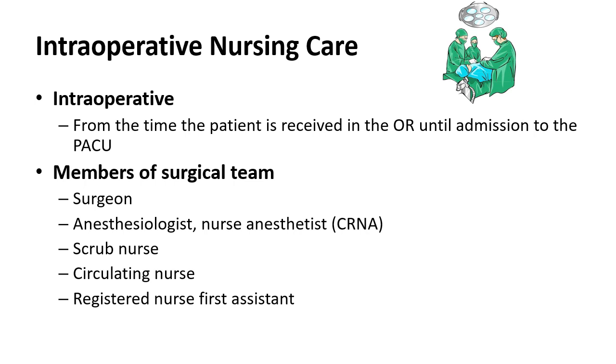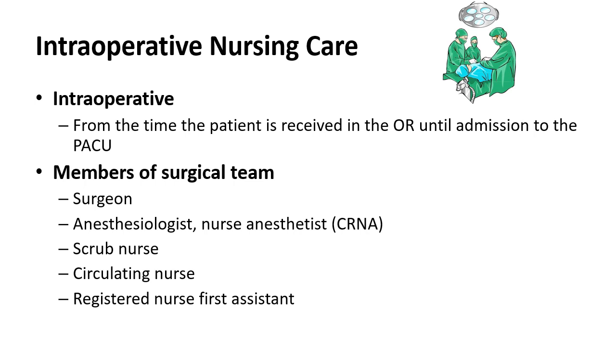So the members of the surgical team: there is always, of course, a surgeon involved, because how do you have a surgery without a surgeon? There is either an anesthesiologist, or a nurse anesthetist, which is a certified registered nurse anesthetist, or CRNA. You will have a scrub nurse or a scrub tech. They receive specialized training.